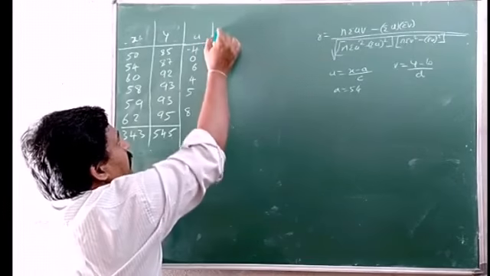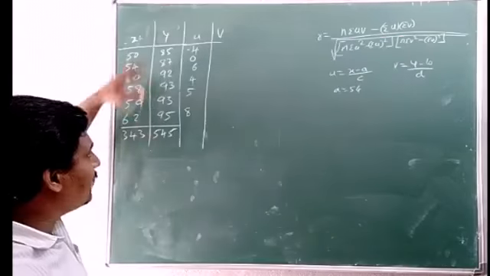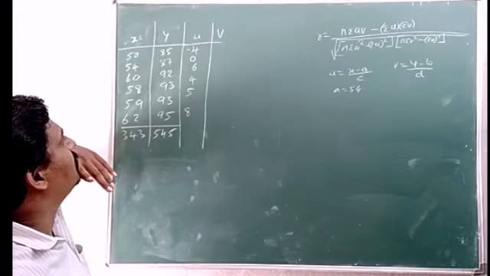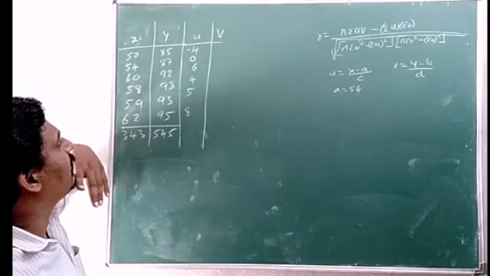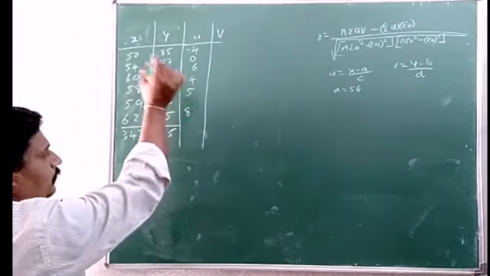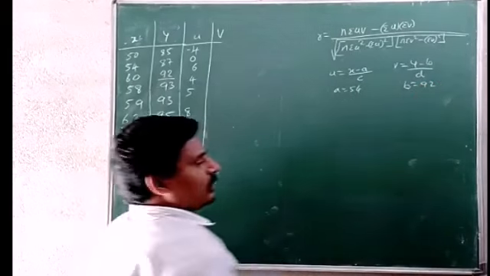Next, V. To take V here, select any one middle number from Y value. So here least is 85 and highest number is 95. So in between these two, I will select 92. So here B is equal to 92 I have taken.